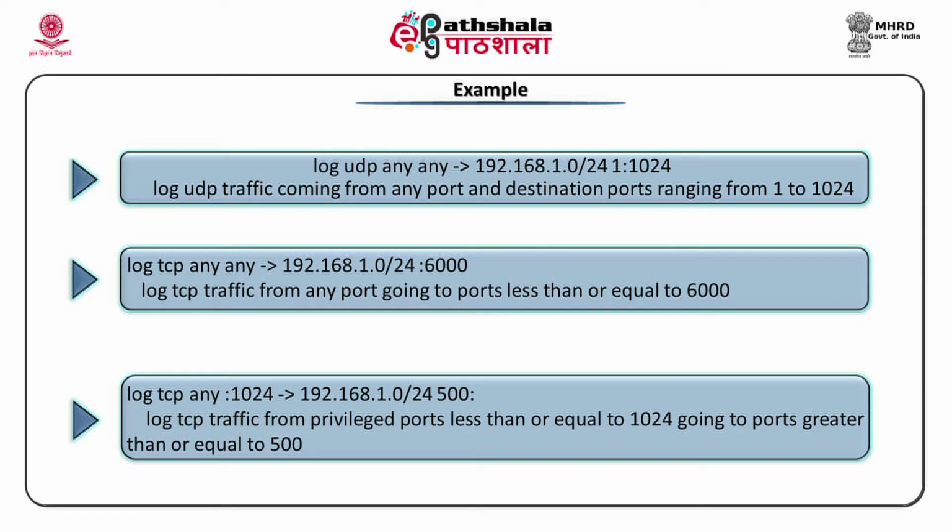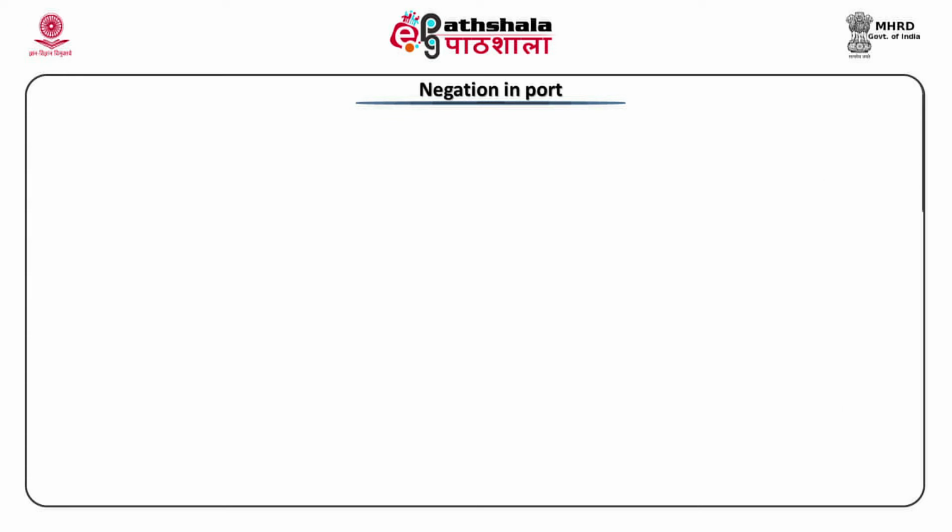The second rule says log TCP traffic any, then we have specified the destination CIDR address and the port is specified by :6000. So, we have not given the initial range, it says any port less than or equal to 6000. Log TCP any :1024 to the destination address and then we have specified the starting port, but we have not defined the ending range.